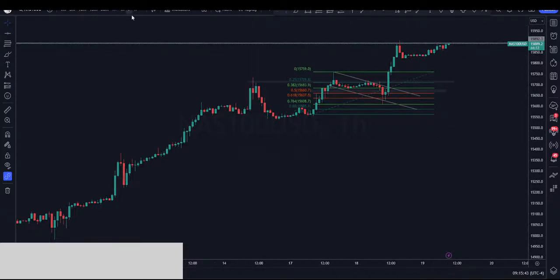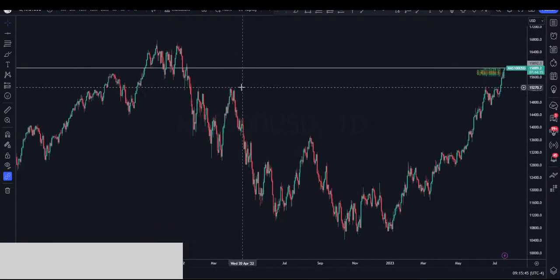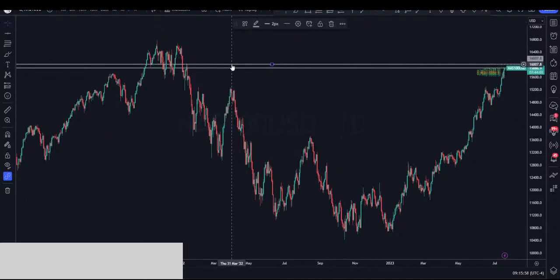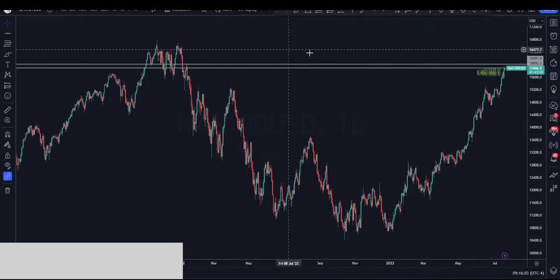Well, they're not really new, because if we look back in time, we've had them here before. So we're testing a resistance area in a way. That would be the zone that we need to look at here today.